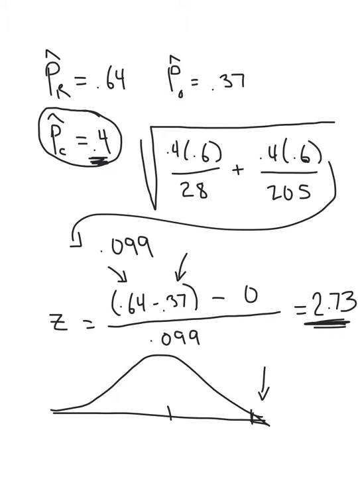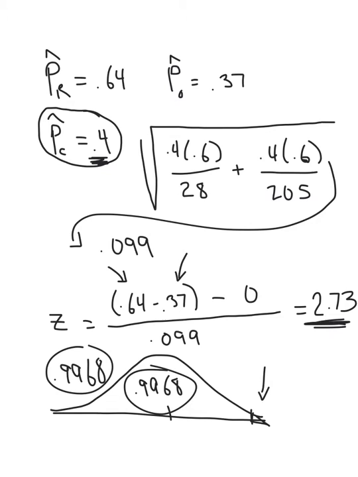So I put in a normal CDF, negative 1,000 to 2.73, and I get 0.9968 something, right? And then I'm going to subtract that from 1, because that's this area. What's left over? So we subtract from 1, and we get 0.003. That's that area.